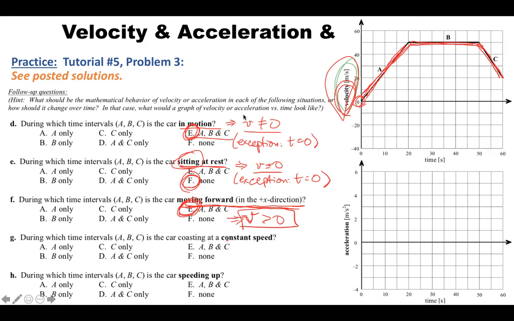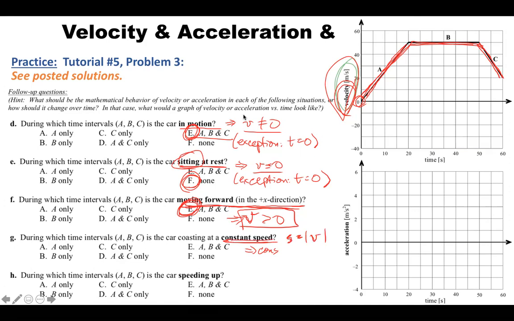What about a constant speed? Constant speed would mean that, at least instantaneously, speed is equal to the absolute value of the velocity. And again, we're not going to use s for much longer. Soon we're going to replace s with just plain v for speed. But it's the absolute value of the velocity.